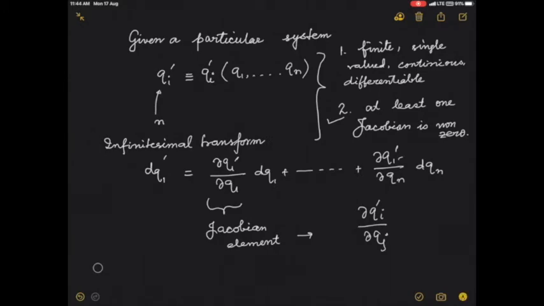This is the case where i equals 1 and j equals n. I will have these n cross n numbers, and I can write them in a matrix form. So this is the Jacobian matrix, and you can take the determinant of that, which is called the Jacobian. Why do I need one of the Jacobian elements to be non-zero?